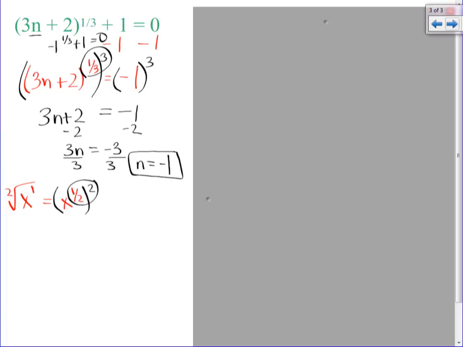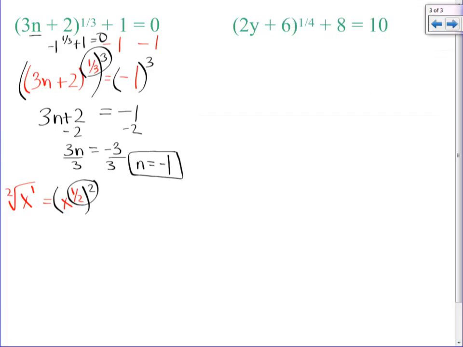Okay, so a similar idea over here, if we're trying to get y by itself, first we'll have to do what? Move this guy. All right, so now we're at the point where we have to raise both sides to a power. What power should we use?